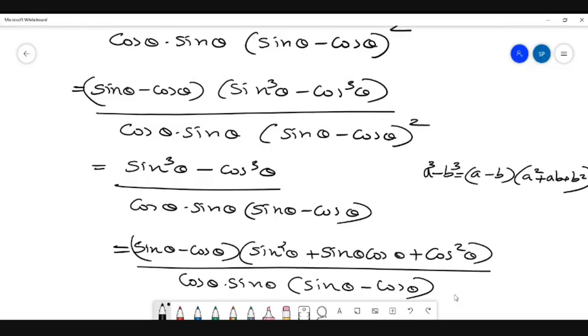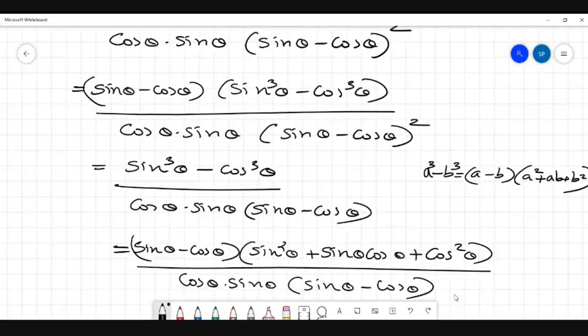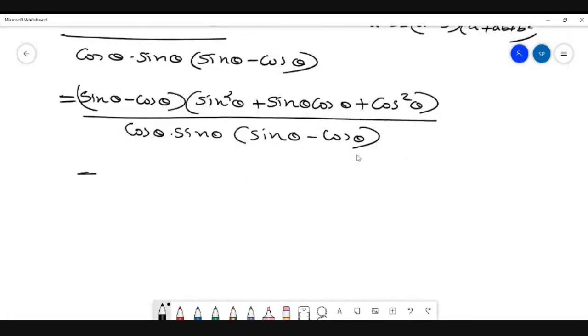Again, you can see one sin theta minus cos theta is common. That is again cancelled. That is, this one and this one can be cancelled.